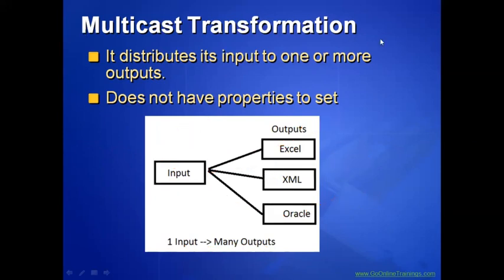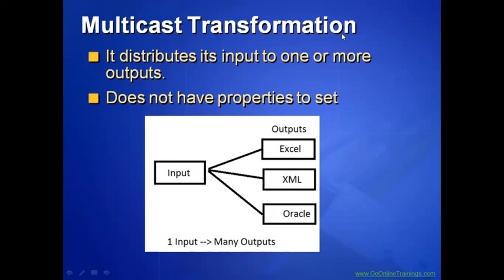Tomorrow we'll do a lot of demos on each and every transformation so that you will understand in a better way. Compulsory interview question: what is a multicast transformation? It means one input, multiple outputs. But what is the condition split? Based on the condition, you're splitting the data.